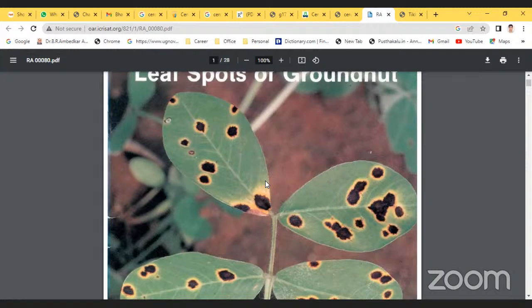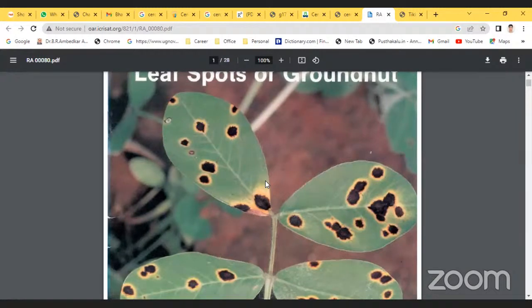So the spot on this leguminous plant, Arachis hypogaea, the groundnut plant, is dark brown in color, and it is up to 8 millimeters in diameter.